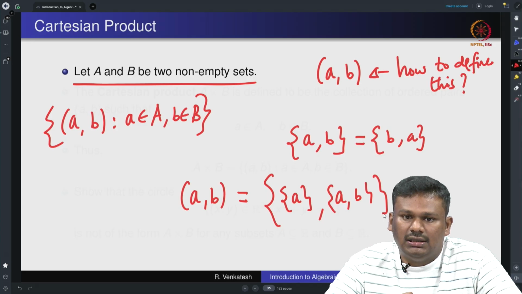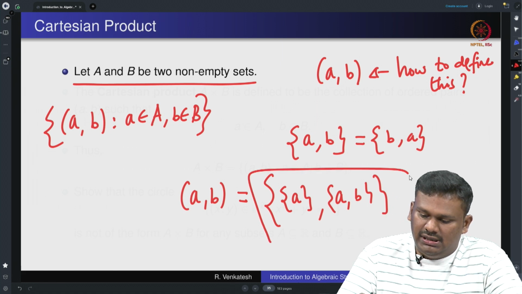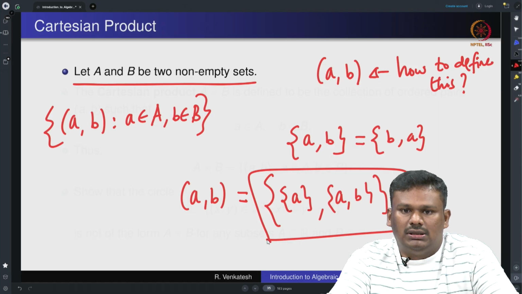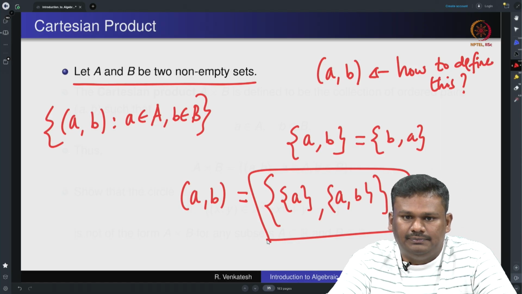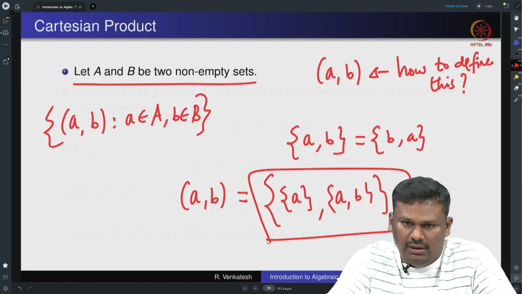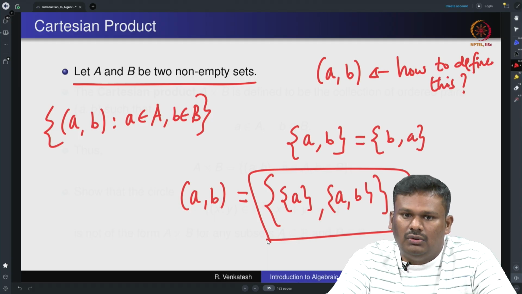So, you consider the set consisting of the singleton {a} and the 2-set {a, b}, and you can see that this set indeed records the tuple (a, b). Once I give you this data, the 2-set consisting of the singleton {a} and the 2-set {a, b}, I know we are talking about the elements a, b, and we always want to read a as the first element and b as the second element.